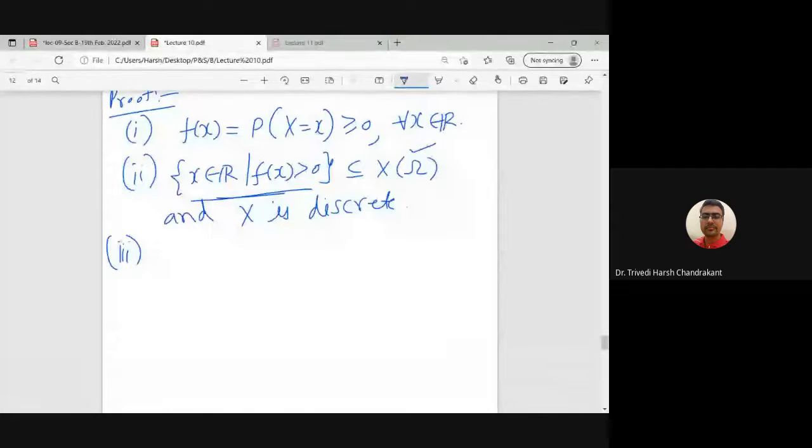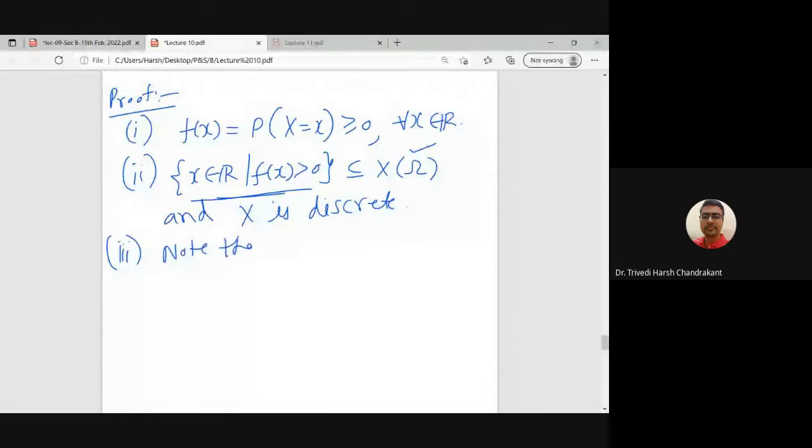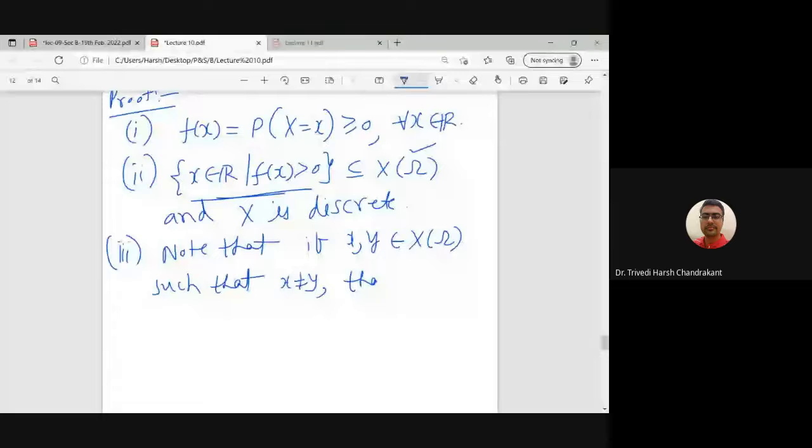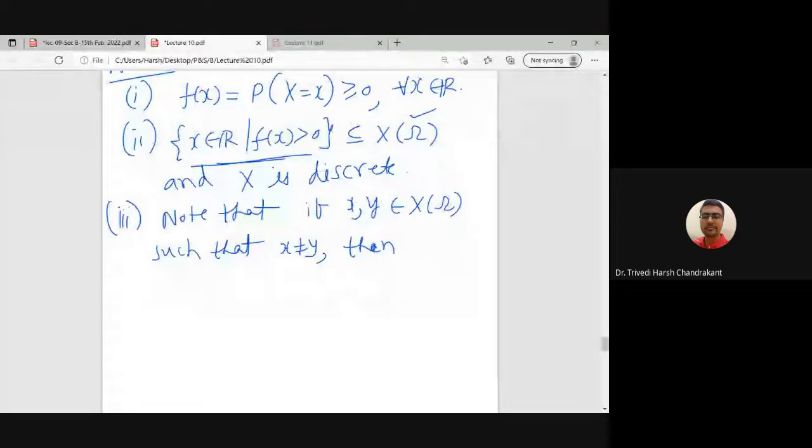Note that if x and y are any elements of the range such that x is not equal to y, so if you take any two different elements in the range, then X inverse of x intersection X inverse of y is a null set. So they are disjoint sets.